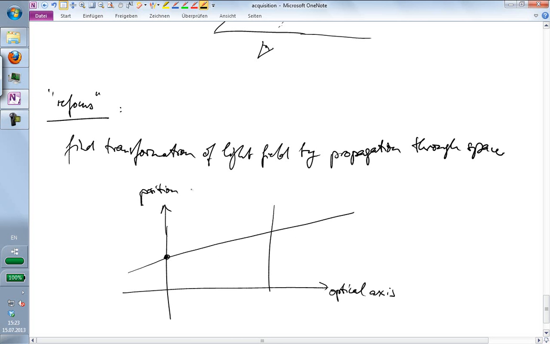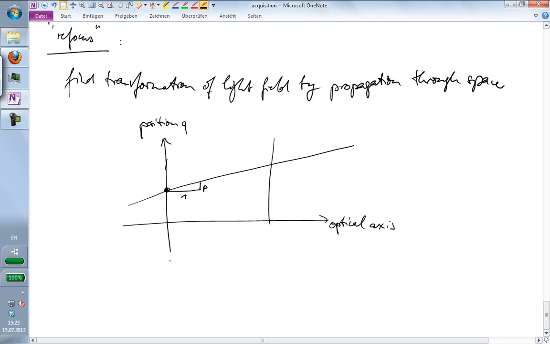So let's say this is position Q and slope P. And let's assume that we have measured the light field here.